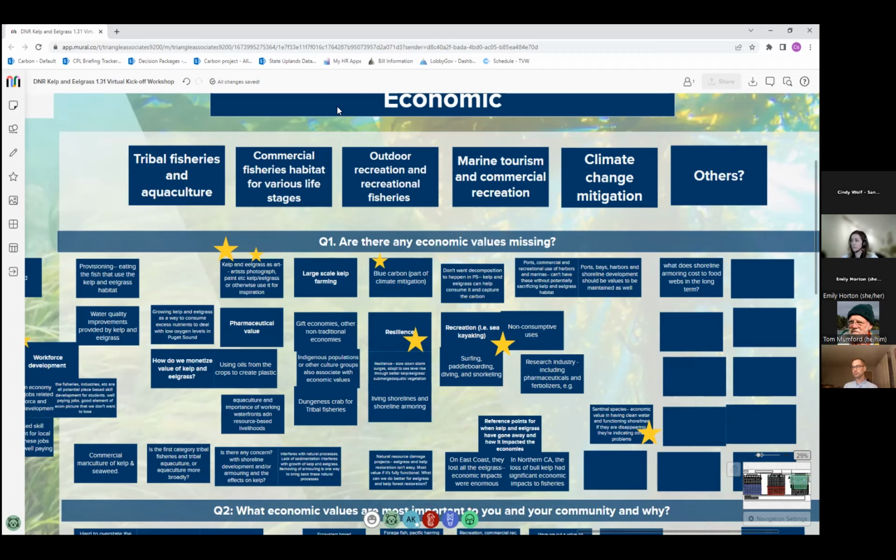This is Cindy again, San Juan County Council. I would say that outdoor recreation and the marine tourism and commercial recreation are probably, in terms of money, the two most important economic values, because we're really grappling with them.